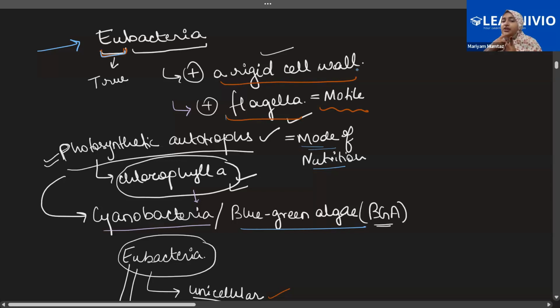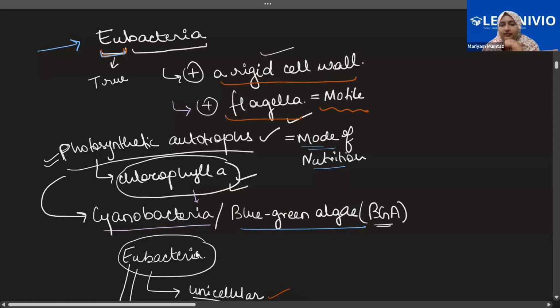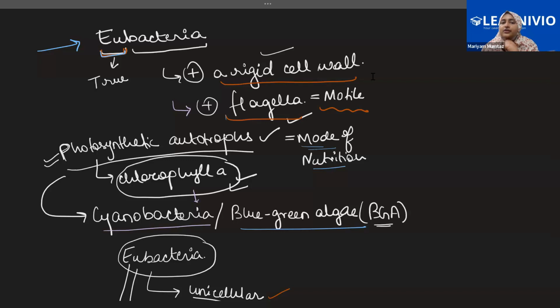The first one is a rigid cell wall. And what is the cell wall of the kingdom Monera made up of? Silica? No, eukaryotes are organisms. I am asking what the cell wall of Monera is made up of.